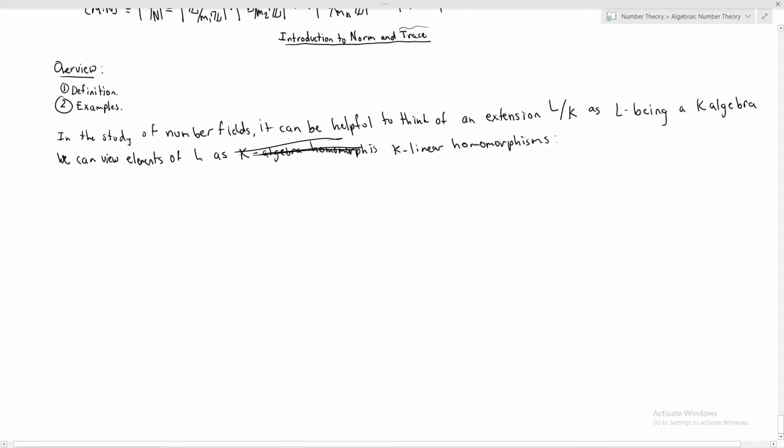Given an element little l in L, this corresponds to the K vector space homomorphism, sorry, again I said K algebra, it should be K vector space homomorphism, X maps to l times X. So it's essentially l corresponds to the K linear homomorphism multiplication by l.